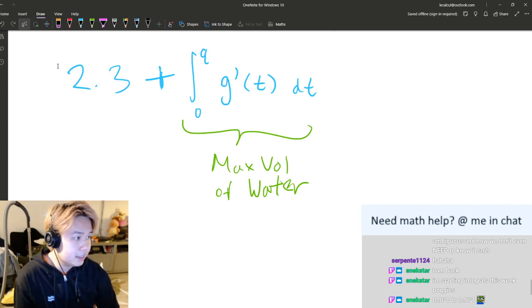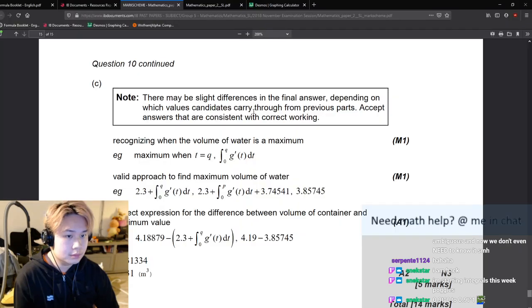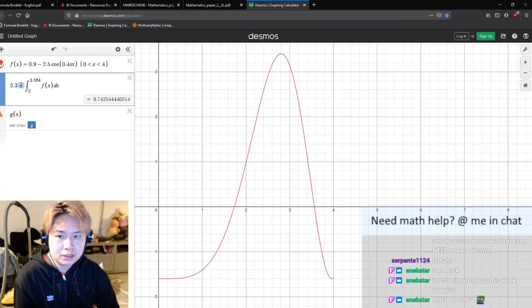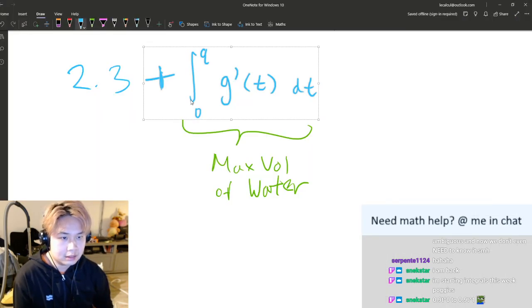Yeah, we add these together. The beginning volume plus the volume from up until point Q. So from Desmos, I get 3.86.